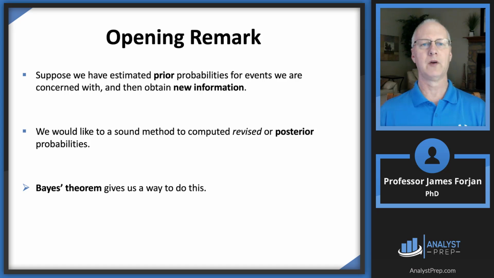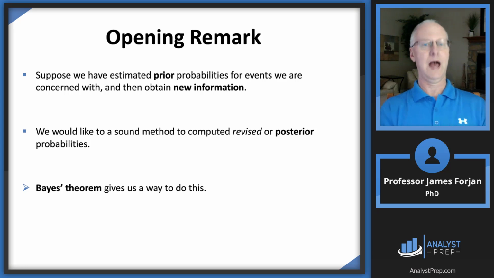All right, some opening remarks here. Suppose we have estimated prior probabilities for events that we are concerned about, and then we obtain new information, kind of like my budget committee conversation, in which we send out all of these acceptance letters, and then we wait for them, and they trickle in, and each time they trickle in, we can get information about those students who decide to accept our invitation to join our school.